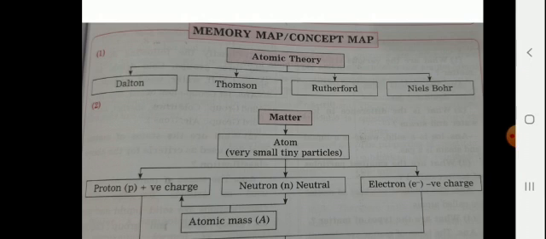Protons are positively charged. They are present in nucleus. Neutrons are electrically neutral. They do not carry any charge. Electrons are negatively charged and they revolve around the nucleus of the atom in specific orbits.